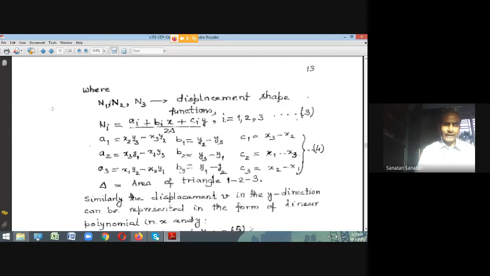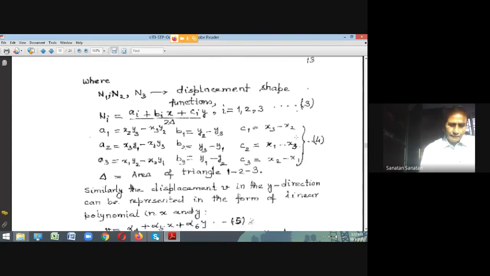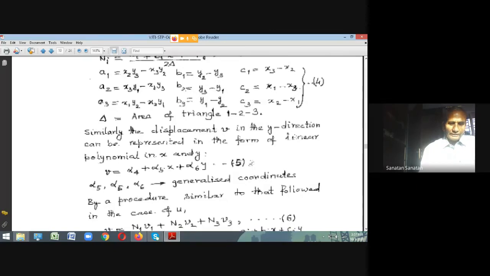It has three sets of values, i equal to 1 to 3, and these are given here: a_i three values, b_i three values, c_i three values in terms of the corner node coordinates. So we have been able to get finally the displacement at any point within the element and on its boundary in terms of the three corner node displacements.